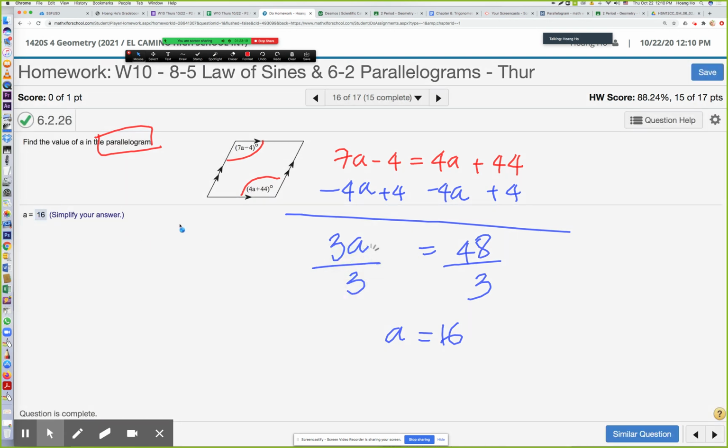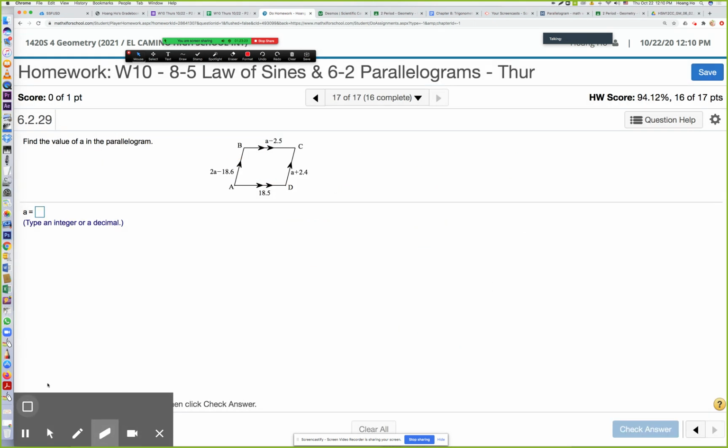All right, last question. Last question, we're done. So they give you, again, a parallelogram over here. So opposite sides have to be congruent to each other. So look at this over here. I would set up BC equal AD because it's very simple.